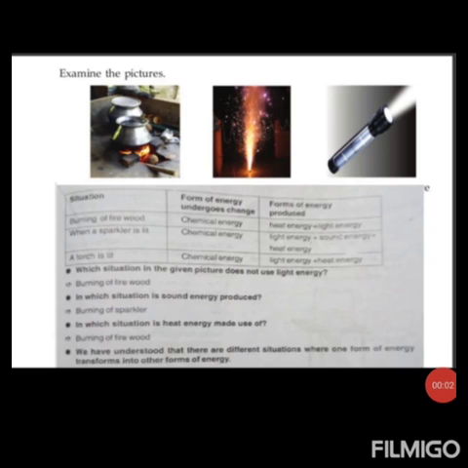Now next, examine the pictures. 3 situations are given there. Burning of firewood, when a sparkler is lit and when a torch is lit. Now the form of energy undergoes change. Burning of firewood, which is the form of energy undergoing change, chemical energy.